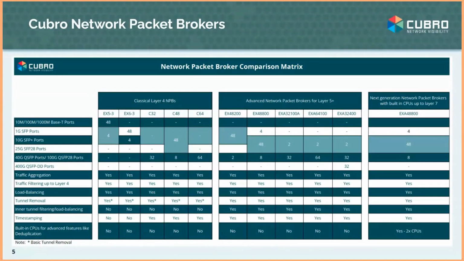Don't worry, I will try to explain, even though it is sometimes complicated for us. You don't need to look into any detail at this moment, but these are Cubro packet brokers. First of all, it's a huge range. Sometimes you get a little bit frightened of it, but the good news is there's always a solution for a use case.